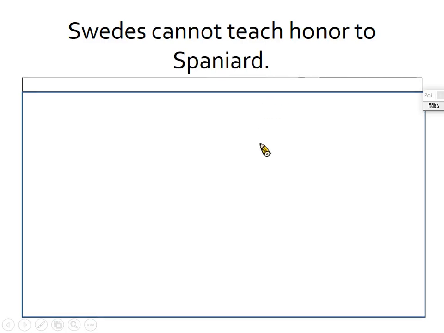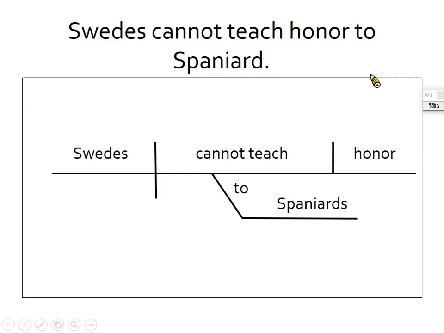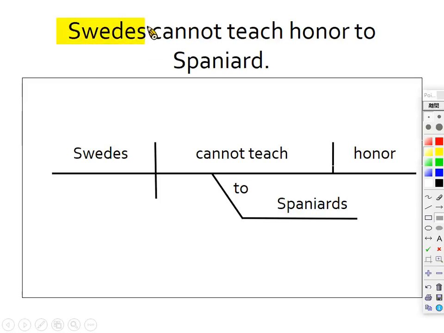Okay, let's see this one. So Swedes cannot teach honor, right? So now I just use sentence pattern number 7 directly. So this is the Swedes cannot teach. Remember, you have to put them together. Cannot teach, this is the verb, okay?